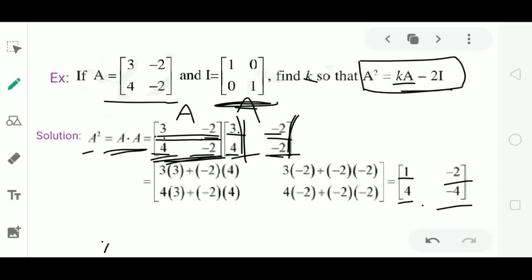Now let us substitute the value of A square, A and I in the given equation.